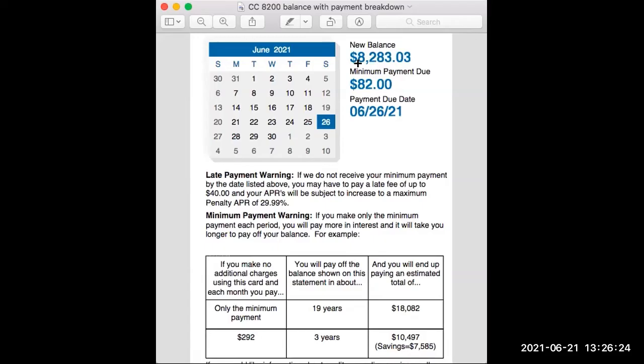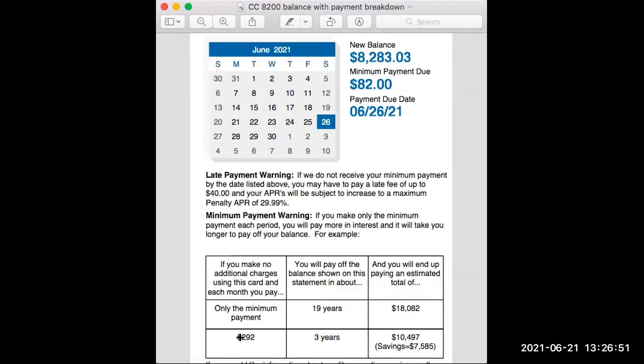So whatever you spent $8,000 on will actually cost you $18,000, and you will be paying that off for 20 years. So if you were to pay it off right now in full, you pay $8,200 and change. If you just pay the minimum, you pay an extra basically $10,000. That is the interest. That is the cost of using some period.